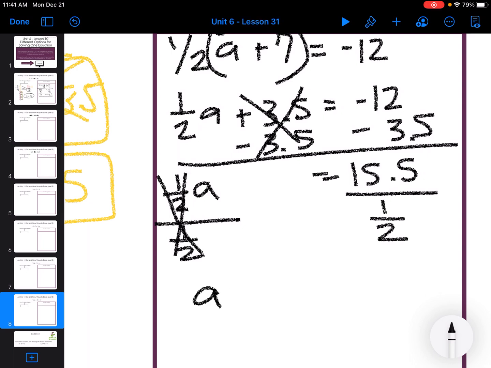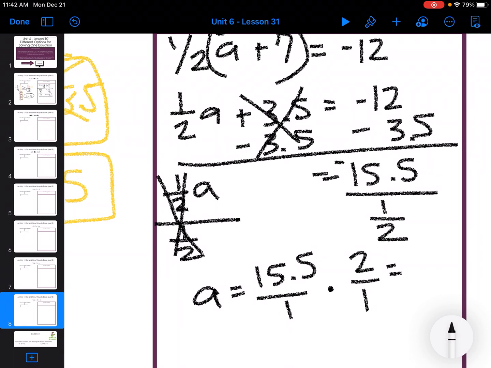So I'm left with A equals 15.5 over 1 times 2 over 1. I did keep, change, flip. So I get, oops, I forgot to carry over my negative sign. Yikes. Signs are the same, it's going to stay negative, so I have to keep it there. So now I get 31, and it's going to be a negative 31 over 1.